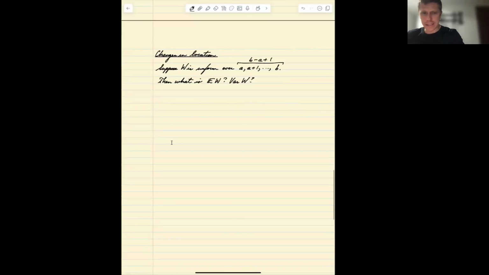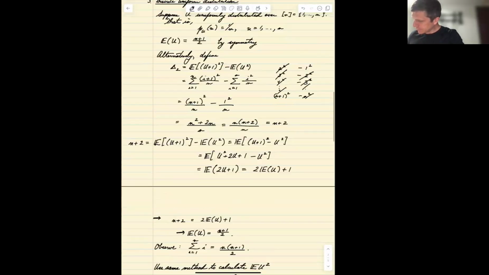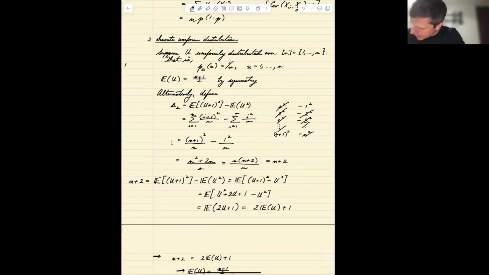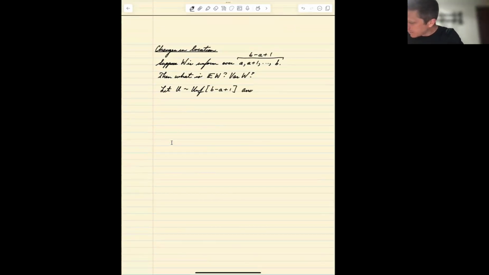The way we can think about this is to let U be discrete uniform on [n], where n is b minus a, and write that W is just U shifted over by a.